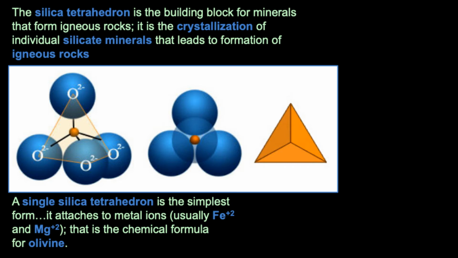And so what happens very commonly is silicon tetrahedra will attract one another and polymerize long chains or various structures. Alternatively to that, they will bond with things that have a +2 charge. And so you could grab on to either iron or magnesium, something like that, and satisfy that electrostatic imbalance.